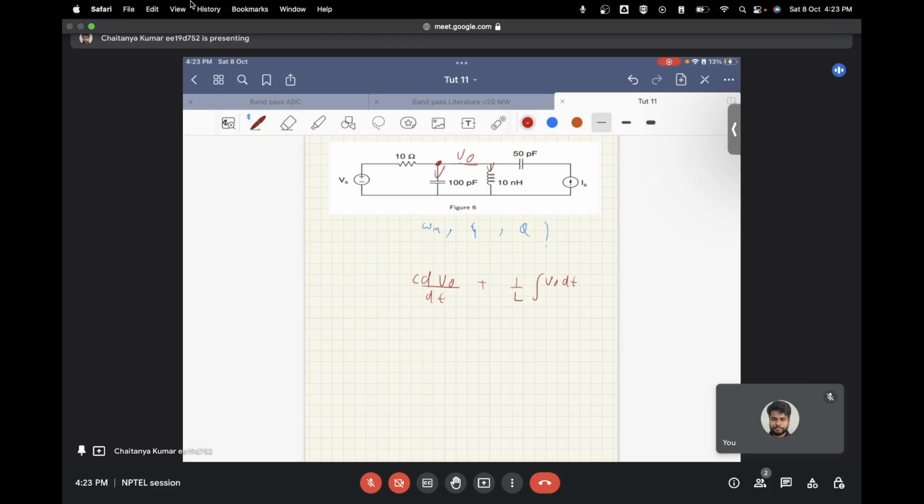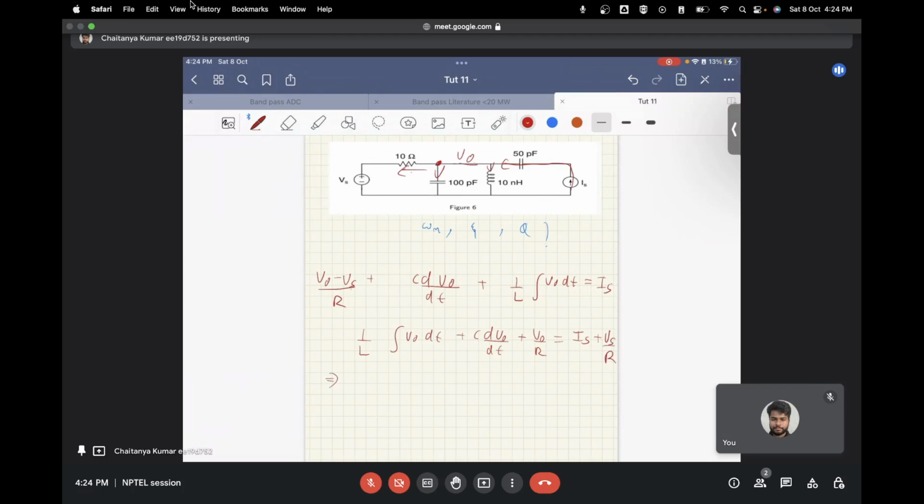And the current that is flowing in this direction is V naught minus Vs by R. Now this complete current is being supplied by this current source, so this is equal to Is. So what we have now is 1 by L integral of V naught dt plus C dV naught by dt plus V naught by R is equal to Is plus Vs by R.